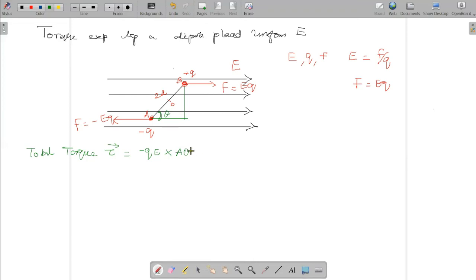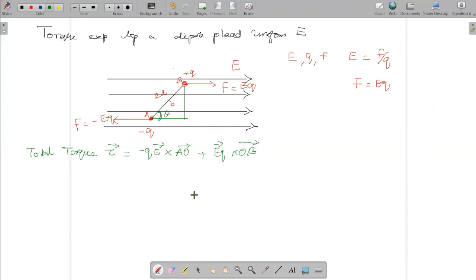The another one is, this is a vector quantity. எல்லாமே vector quantity தான். It's a cross product of two vectors, plus another direction is EQ, the force on the other side, cross product of the same way is vector quantity, and instead of AO here, OB.